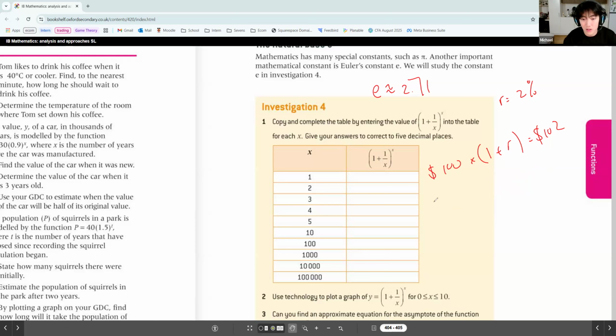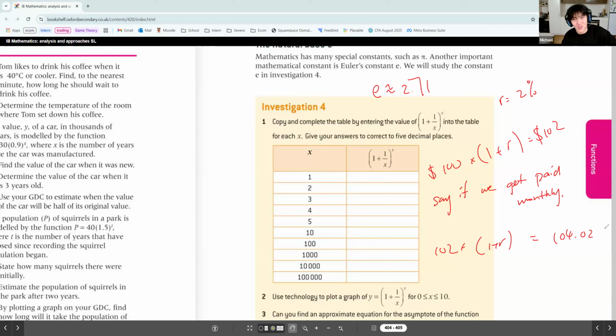Say we get paid monthly, and something very important in finance is the compound interest rate. Let's say the first year we have 102, right? The second year we're going to have 102 times 1 plus r. This is hard, 102 times 1.02, what is this? 104.02.